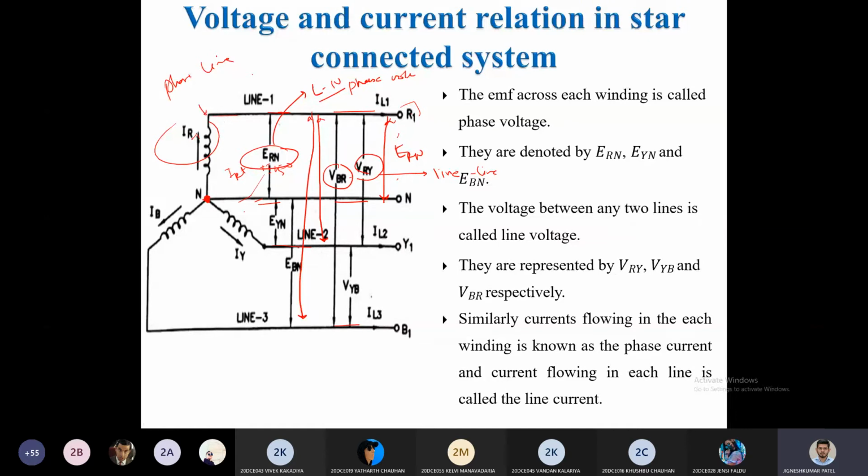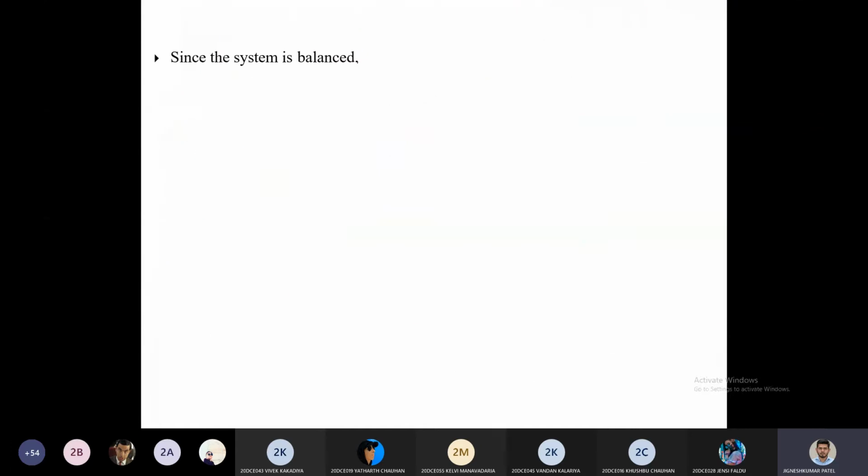My EMF is generated at this point and this point. This is the neutral point, the common point. So this voltage and the voltage between these two will oppose each other, and due to this opposition you will get a resultant that is different from this. The polarity is different, that's why these two will try to push away from each other.